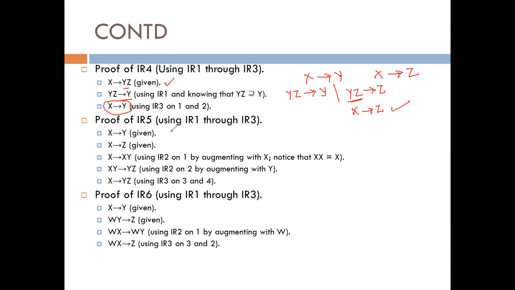Then the fifth one, the union or additive rule. x is determining y and x is determining z. If this is the case, then by applying augmentation we can write x is determining xy, and xy is determining yz, and then we can write x is determining yz.